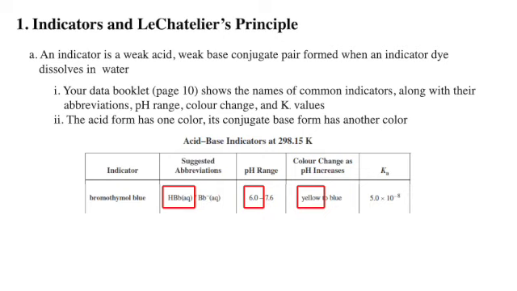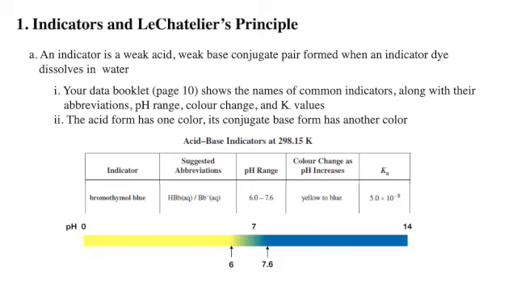From 6.0 and down, it's yellow. And on the other end of things, that's the conjugate base of HBB, which is BB negative after it's thrown away its proton. From 7.6 up, it's blue. So if I have a pH scale, this thing's range is 6.0 to 7.6.